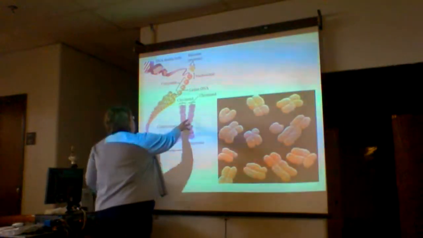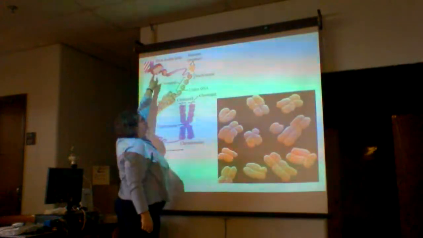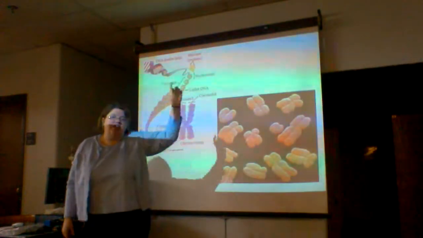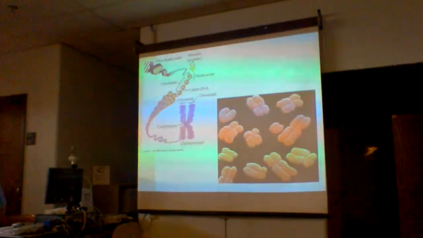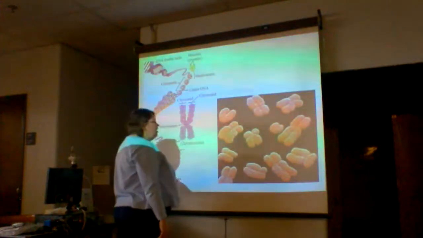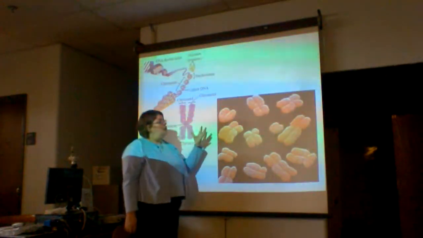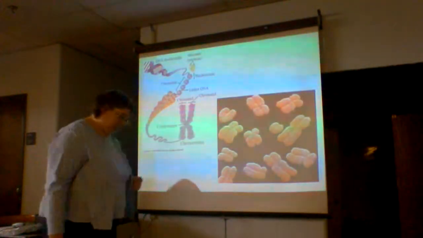So chromosomes contain DNA strands. Segments of those DNA strands are genes. This chapter is starting to get us really comfortable with the terminology. What's a chromosome? What's a gene? It's a DNA sequence.